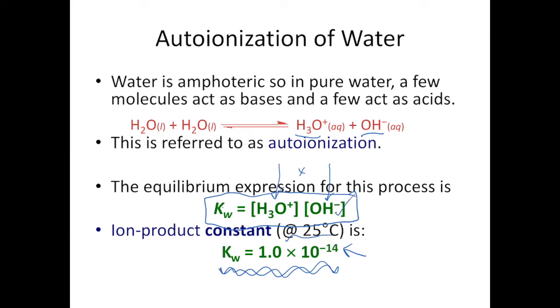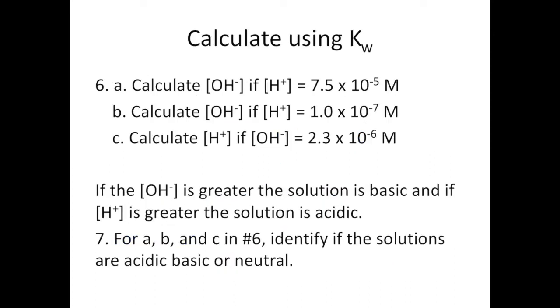So if I know my hydroxide ion concentration, and I know Kw, because I know Kw all the time, then I can find H3O plus just by division. And vice versa, if I know my hydrogen ion concentration, I can find OH minus by using Kw, and that's why we need it. Because we can go from one to the other very easily, and sometimes we need to convert from one to the other.